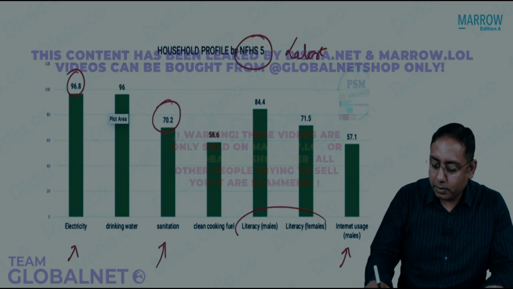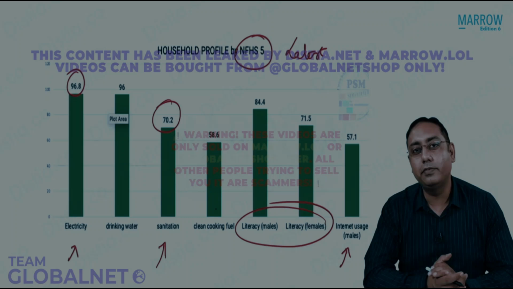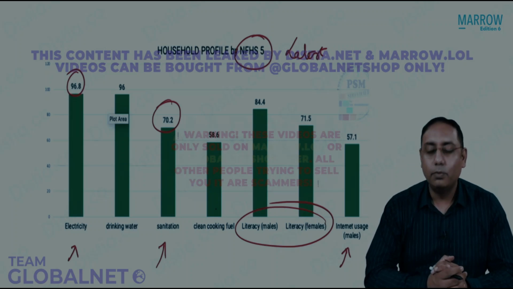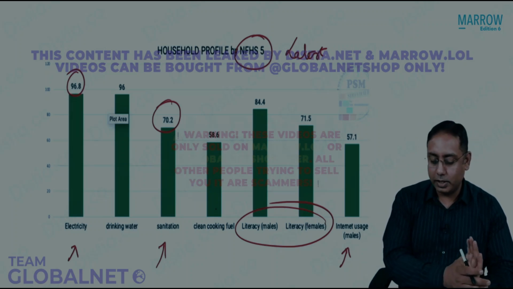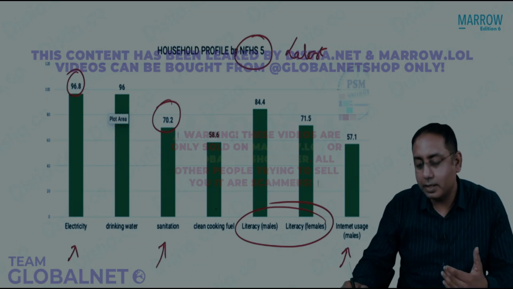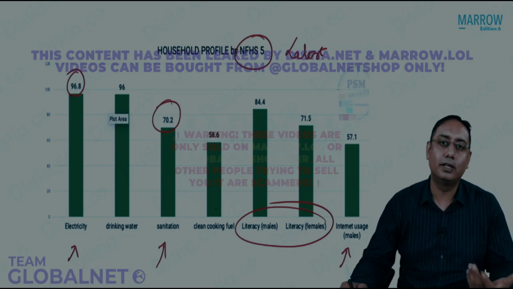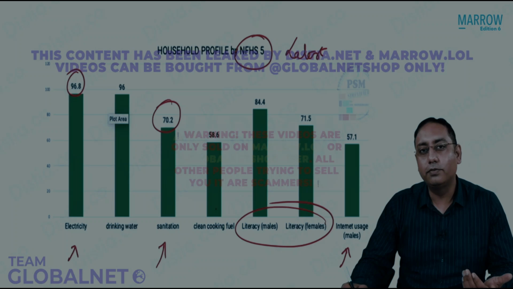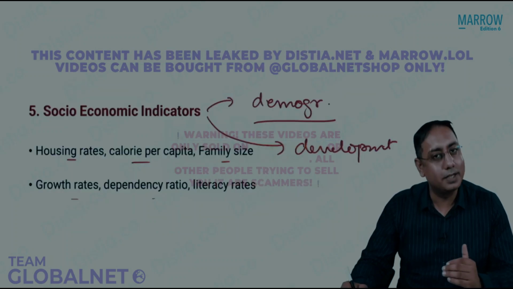And if we talk about the literacy rate as per the NFHS 5 data, the literacy rate in females was 71, whereas in males it was 84. So that is just an example of the household profile of the NFHS 5 data.